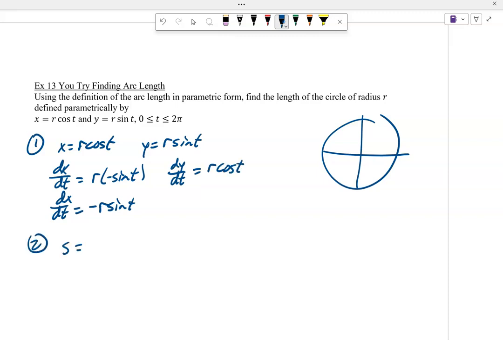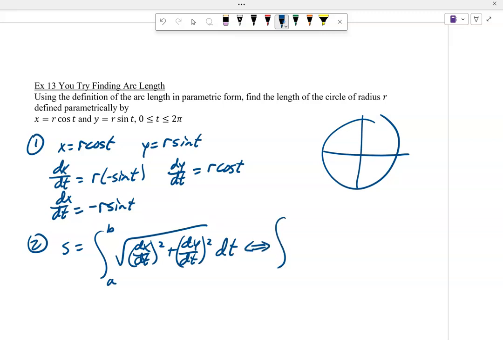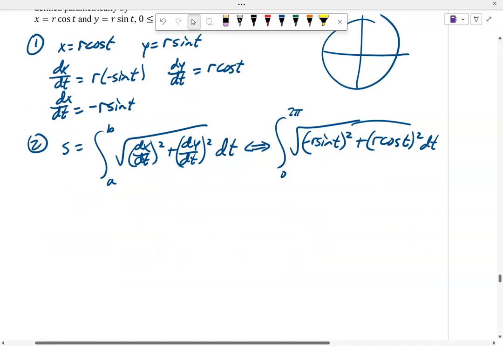And then let's throw it in from A to B. So we're going from 0 to 2 pi. dx/dt is negative r sine t, that's being squared. dy/dt is r cosine t, that's being squared, dt.